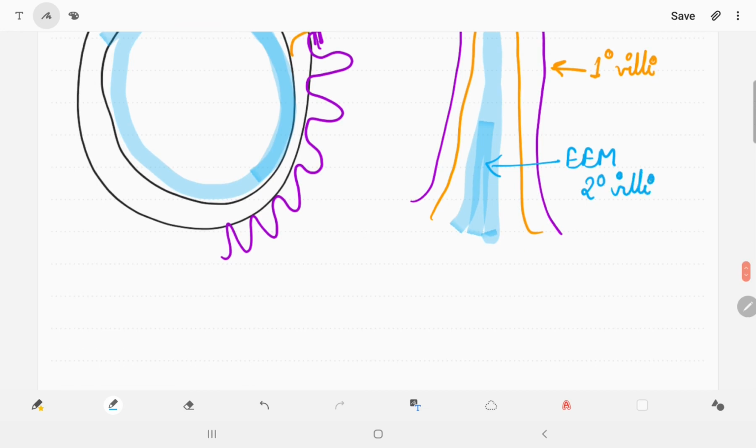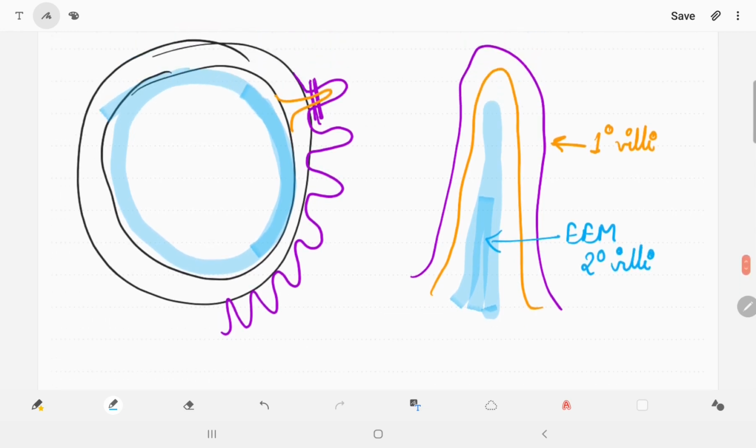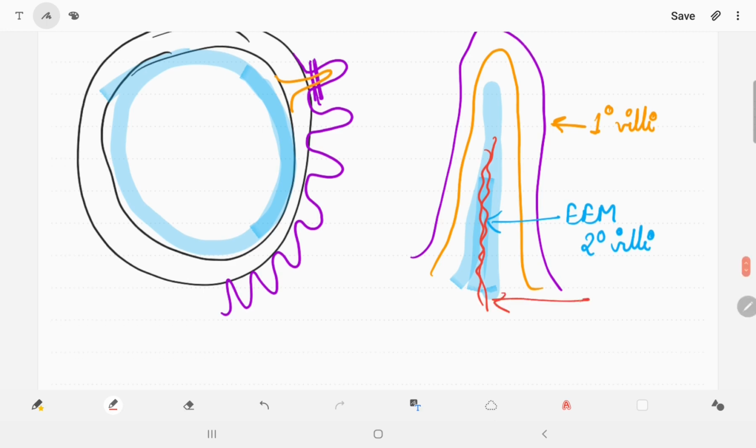And why did I make this mesoderm grow inside the villi? Because only when the mesoderm grows inside will blood vessels come, right? Blood vessels will come only when the mesoderm forms. So when the blood vessels have formed, I will call it a tertiary villi.